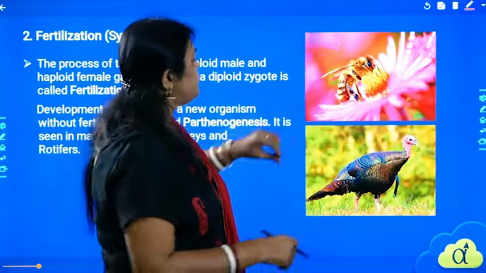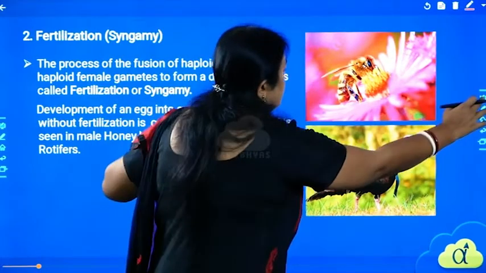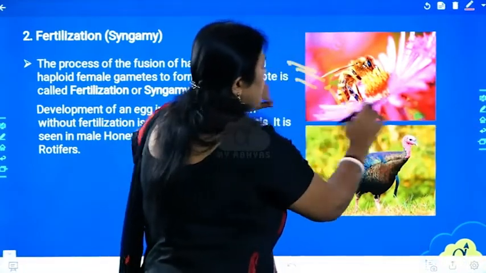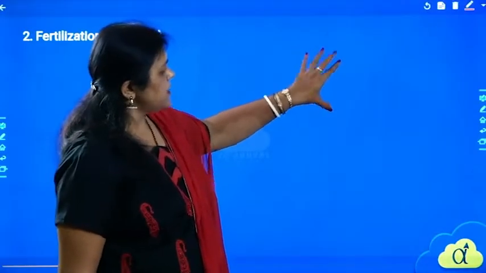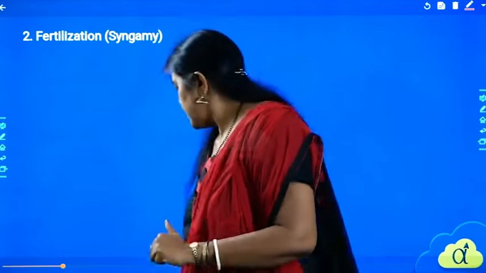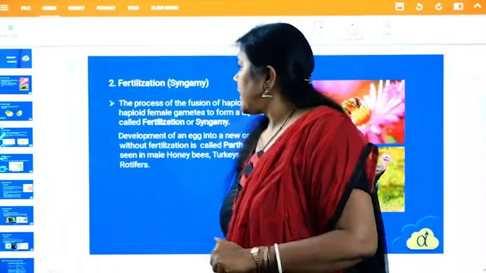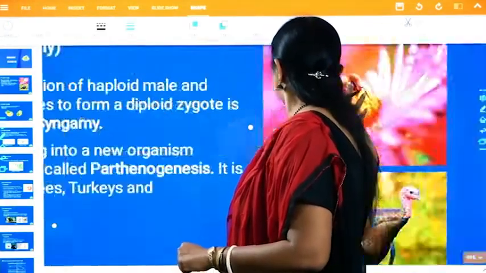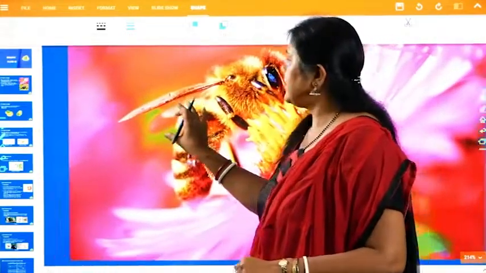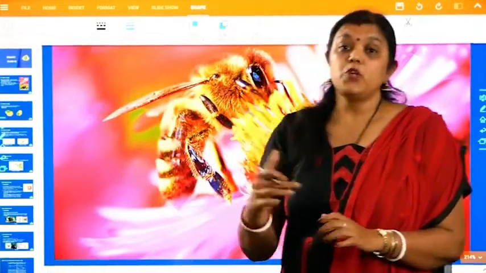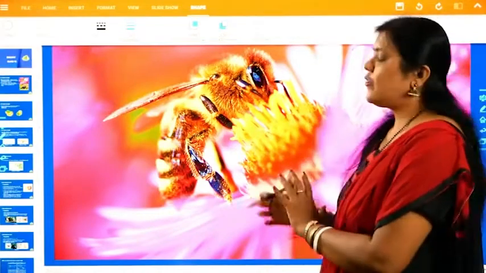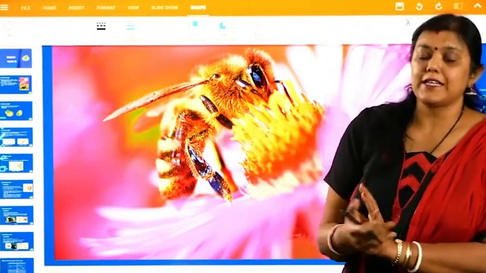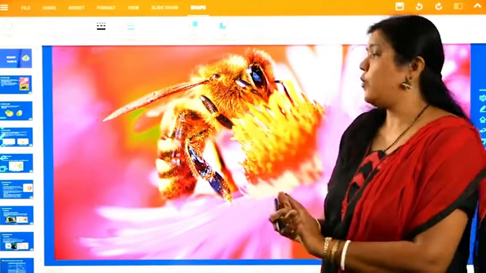As you can see in this photo, male honeybees and turkeys follow this process of parthenogenesis. That means without fertilization the organism can give rise to a new organism.